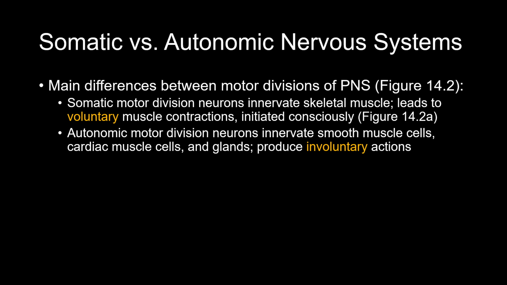Those are your conscious movements, completely controlled by the primary motor cortex, and most of this is controlled by motor neurons directly synapsing onto skeletal muscle fibers, and they release the neurotransmitter acetylcholine. Well, when you get to the autonomic motor division, these are going to be stimulating smooth muscle cells, cardiac muscle cells, and many glands, okay?